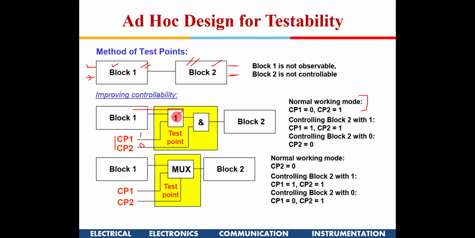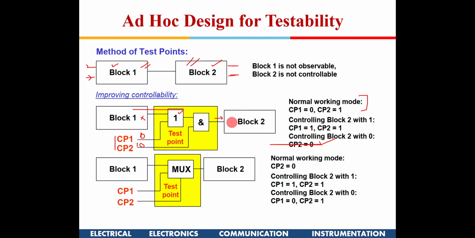So this additional hardware and these additional pins we are inserting in the chip. Obviously there is a trade-off between area and number of pins. By putting a 0 here and a 1 here, I can force a 1 into the B block. By putting a 0 here, the B block will be isolated, and I can force a 0 here, so I can control this B block.